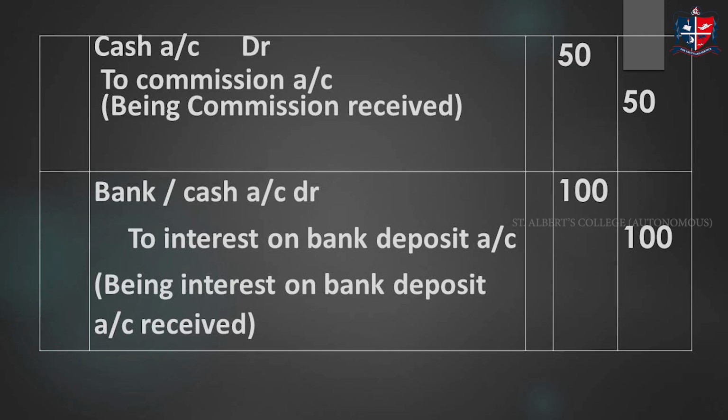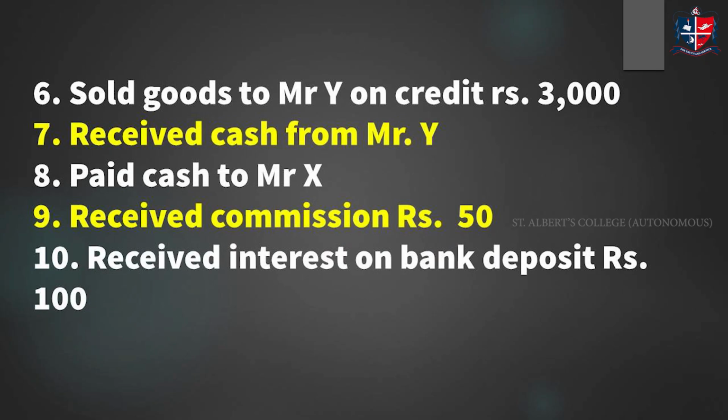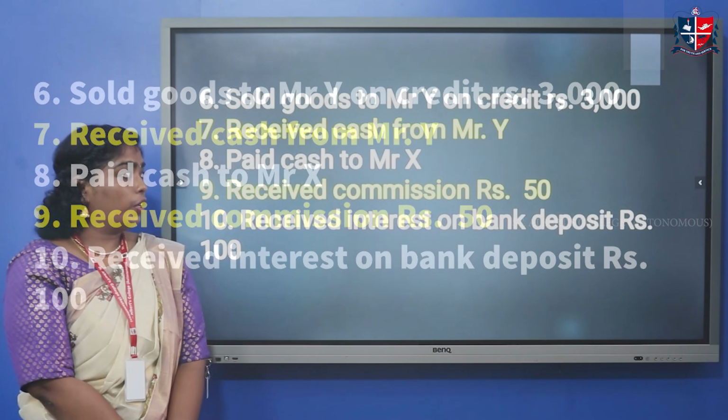And one more entry was there, received commission. That's also the same way of recording as interest on bank deposit. That is cash account debited to commission account. Commission is received, so it should be credited. And cash account is also coming in. So cash account debited to commission received account rupees 50.